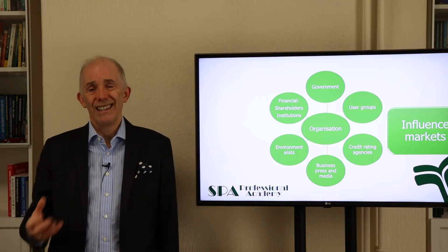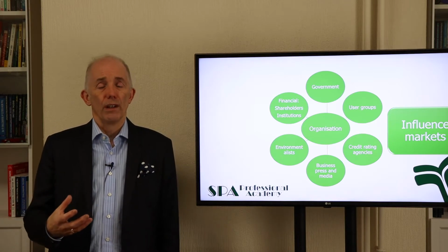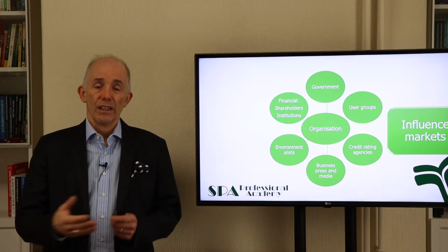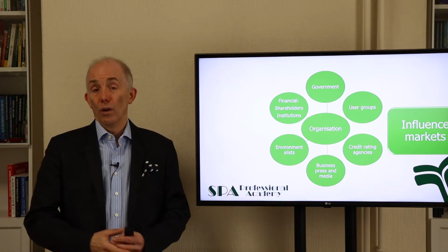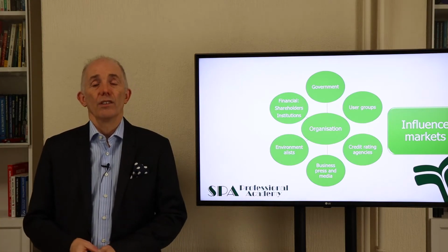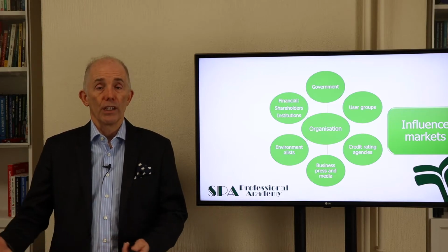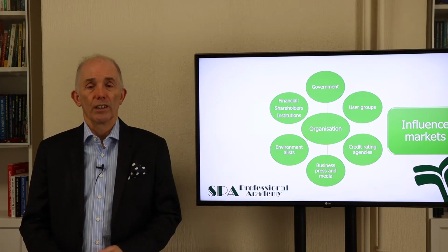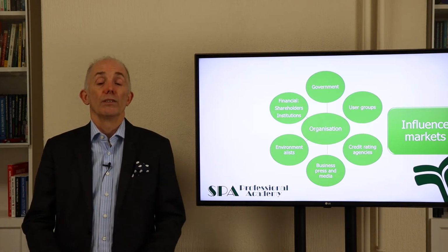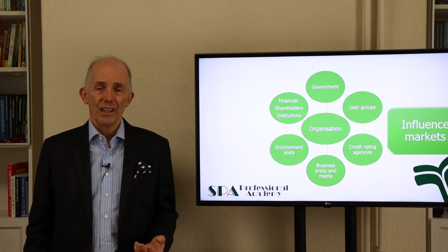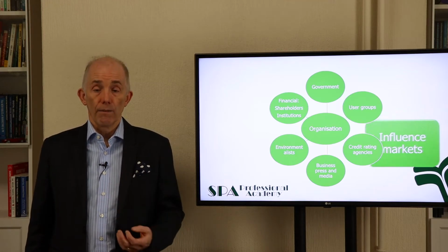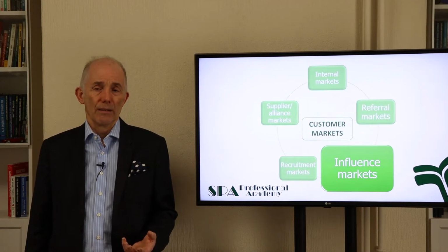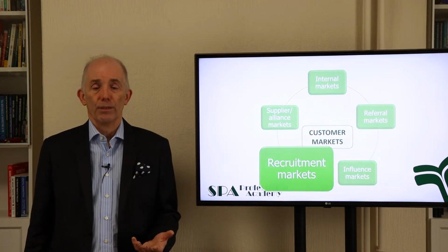So understanding these and any other equivalents that are appropriate. So maybe regulators might be an influence market for some organisations. If there's a regulatory body or even an industry body, could be an additional influence market. As I say, not comprehensive on this one, but some thoughts in relation to the influence markets. So obviously that's a really important area as well. All of these are important.